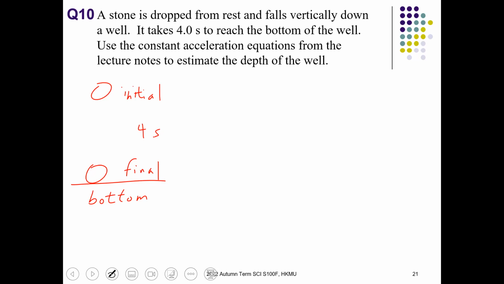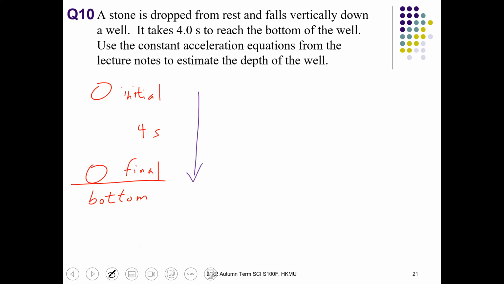It takes 4 seconds to reach the bottom. We need to find out the depth of the well, which is the distance between the initial and final position of the stone.